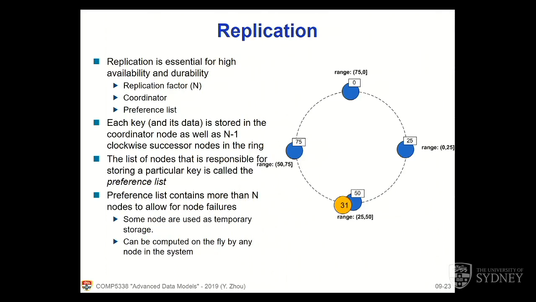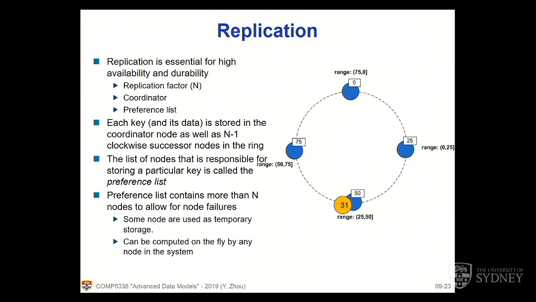So again, for any system with replication, there's a replication factor, which is the number of replicas you want to keep, and usually it's 3. It can be a different number. It also has something called the coordinator, which you already know, and the preference list.